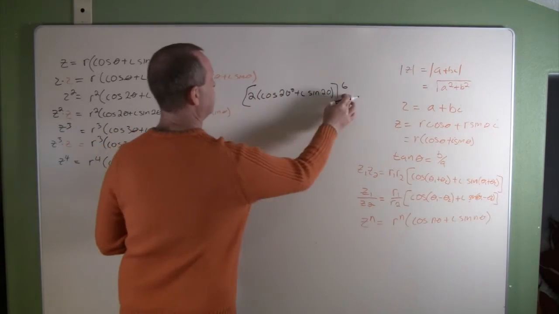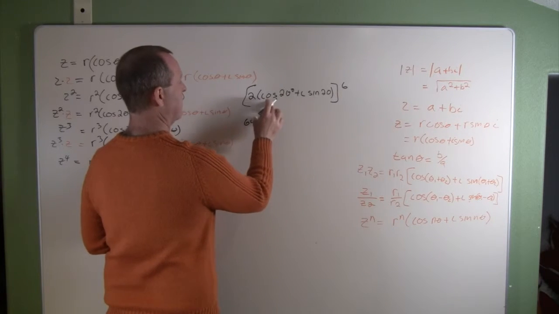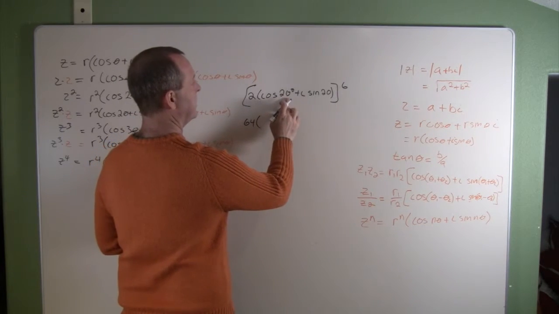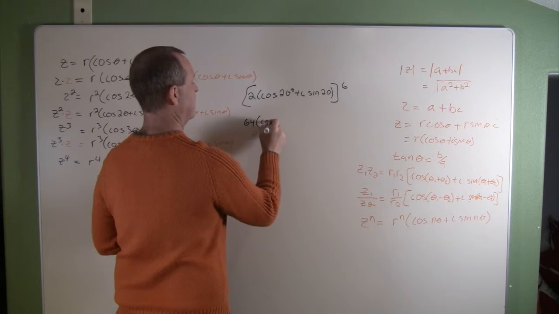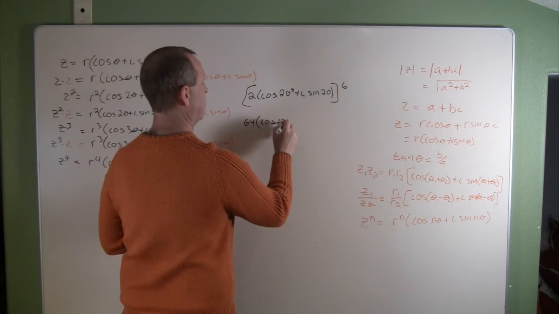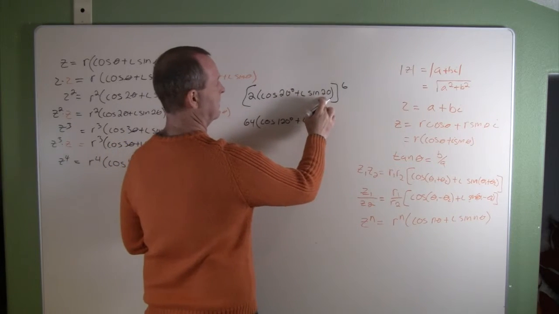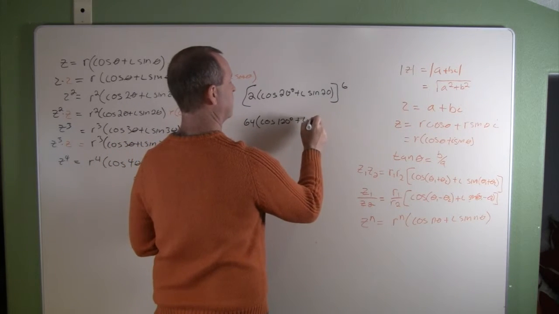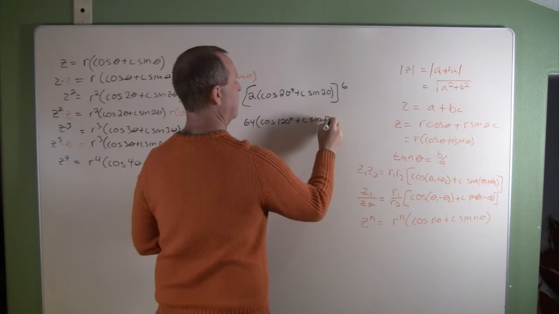So 2 to the 6th power is 64, cosine of 6 times 20 degrees, which gives me 120 degrees, plus i sine of 6 times 20 degrees, 120 degrees.